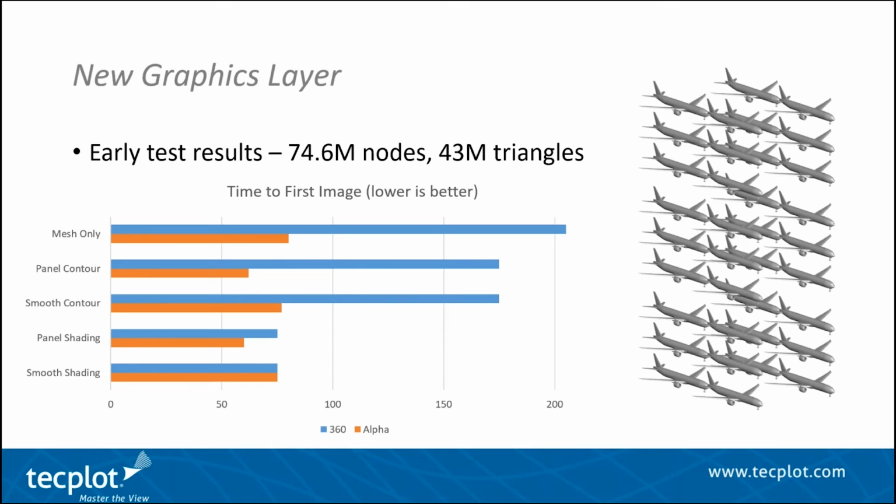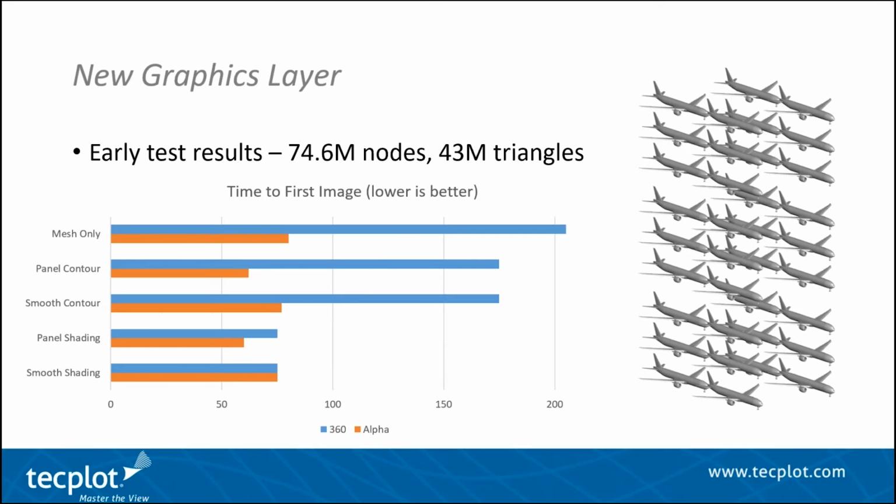When plotting just the mesh on this data, you can see a huge benefit in time to first image, whereas with smooth shading there's not a big benefit, so Tecplot was already pretty efficient there. We still have a lot of other performance tests to do, but for the various plot types we've implemented so far, we're seeing good improvement with this new graphics layer.